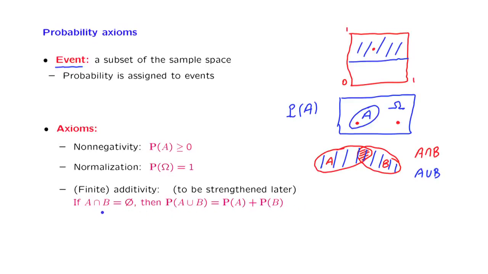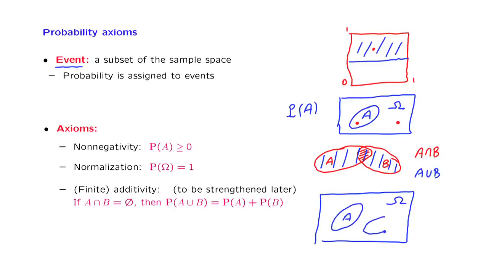What does it say? If we have two sets, two events, two subsets of the sample space, which are disjoint. So here's our sample space, and here are the two sets that are disjoint. In mathematical terms, two sets being disjoint means that their intersection has no elements, so their intersection is the empty set, and we use this symbol here to denote the empty set.